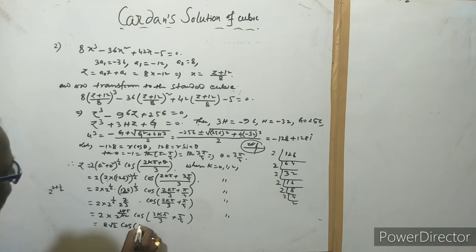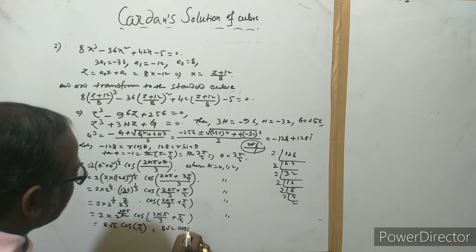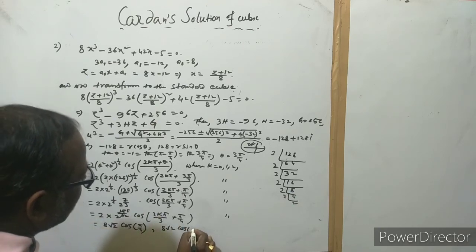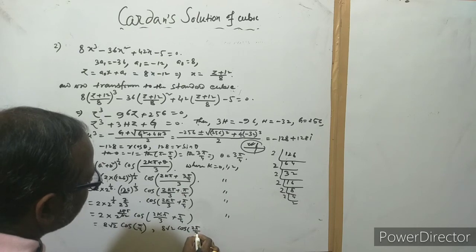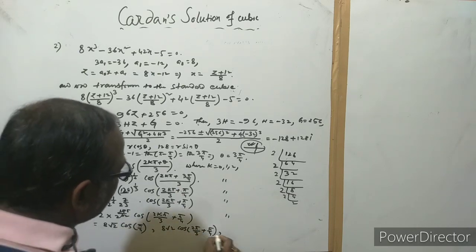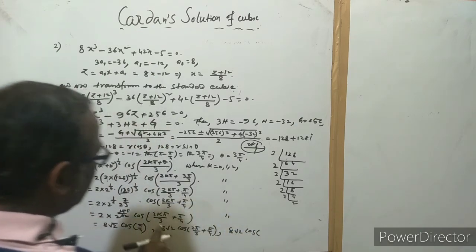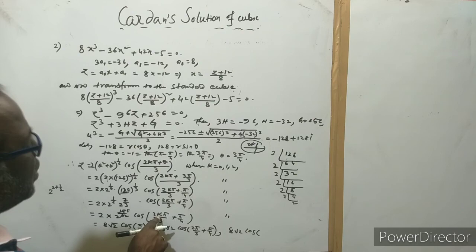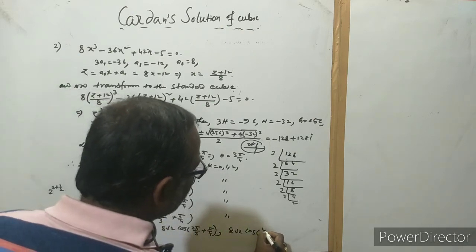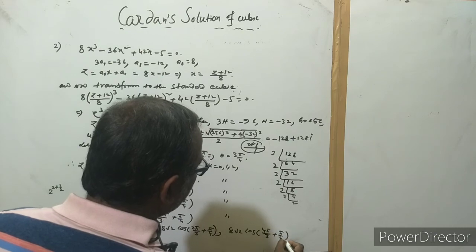if we put 0 then pi by 4. Okay, comma 8 root 2 into cos of, if we put 1 then we get here 2 pi by 3 plus pi by 4, and 8 root 2 and cos of, if we put 2 here then 4 pi by 3 plus pi by 4.